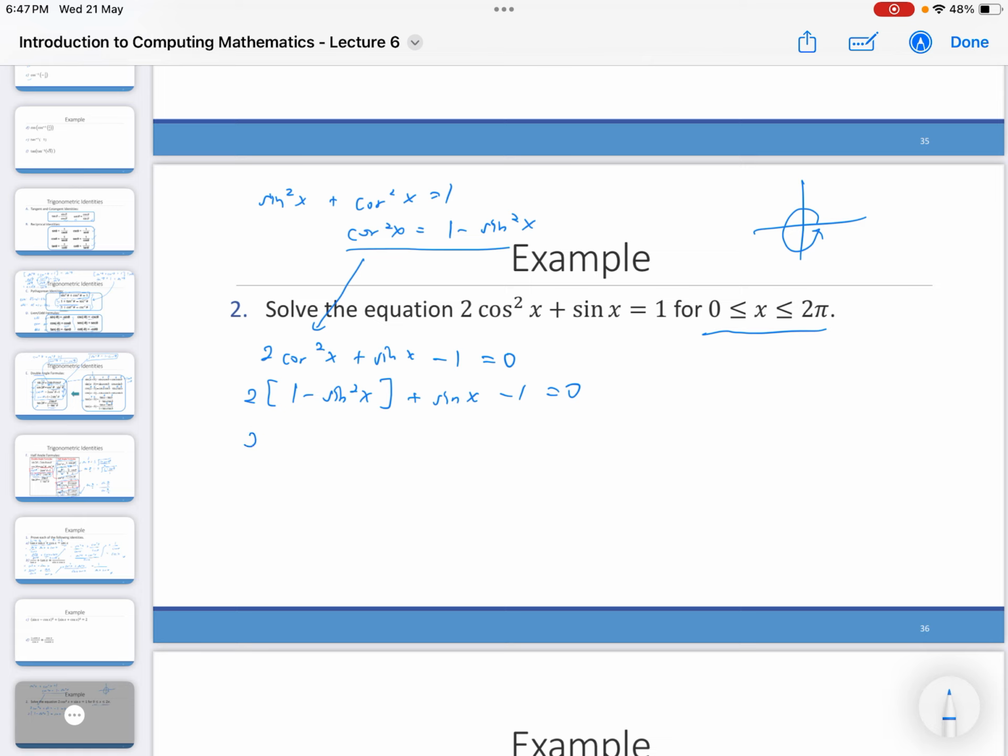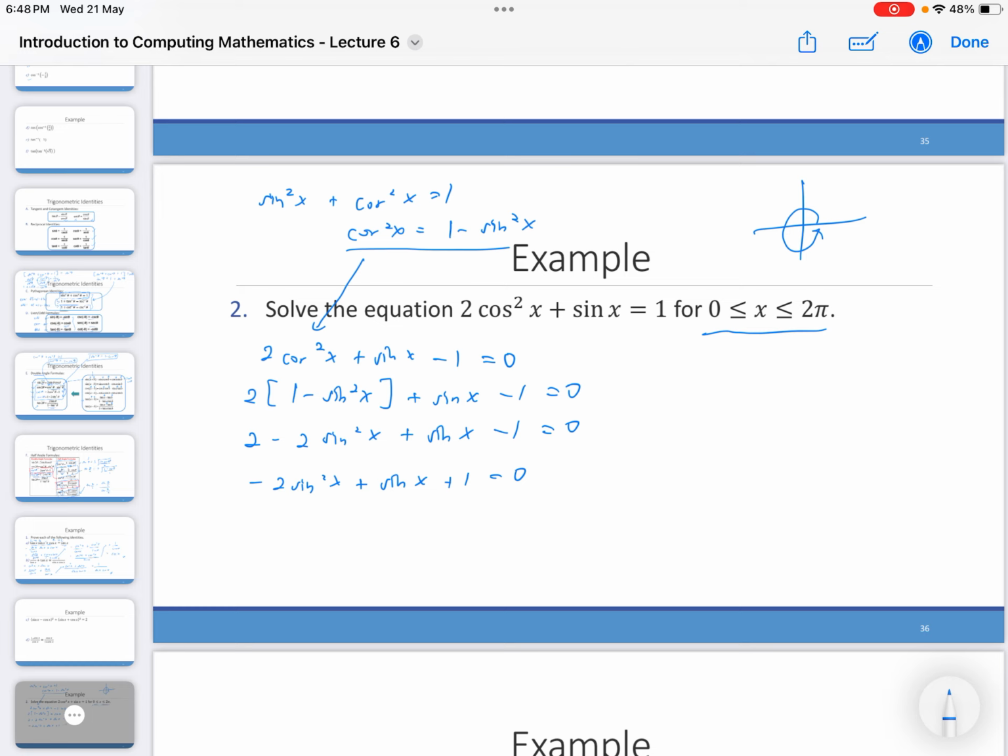We expand the bracket, so we have 2 minus 2 sin squared x plus sin x minus 1 equals 0. For this one we can simplify, so we get negative 2 sin squared x plus sin x plus 1 equals 0.